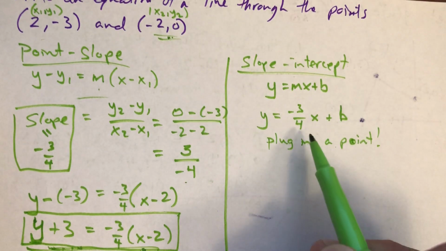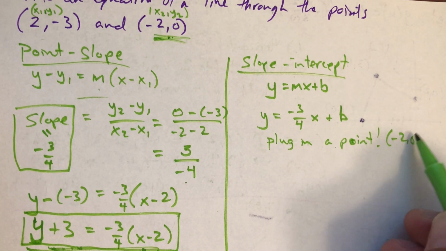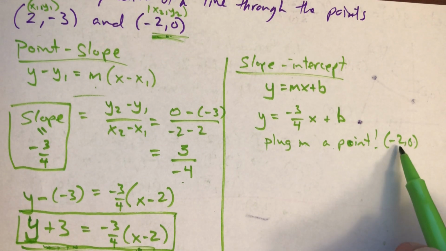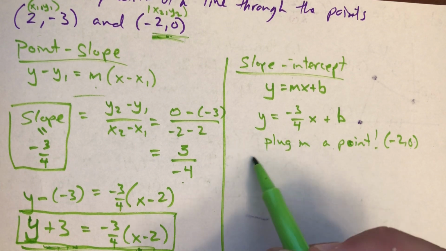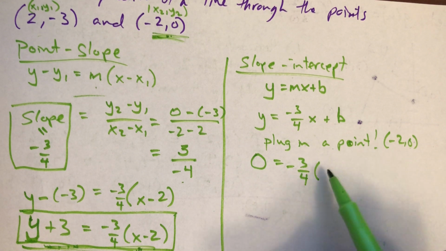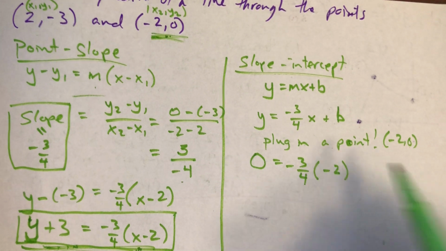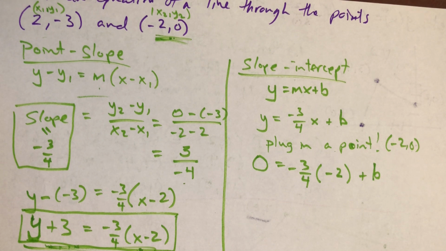Let's choose this one, and we're just going to plop that in there. Everywhere I see x, I'm going to put a -2. Everywhere I see a y, I'm going to put a 0. So we got 0 is -3/4, and there's going to be a -2 there, plus b. And now we have an equation with our only unknown as that b, and we can go ahead and solve for that.